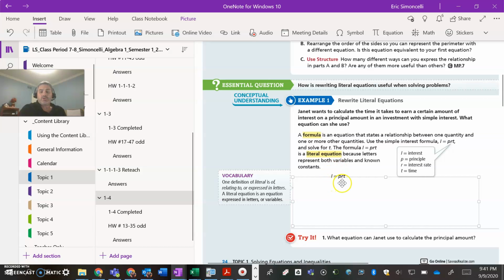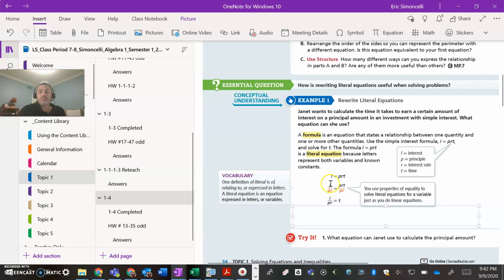In this particular equation, I equals PRT, based upon the directions in the problem, what equation can she use? Well, she will be using this. And in what way? If we're solving for T, what we can do is take the equation and divide out the things that are keeping T from being all by itself on the right side.